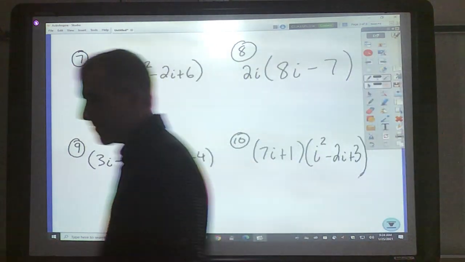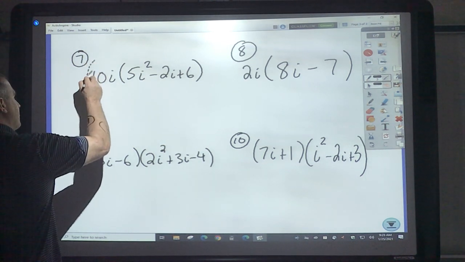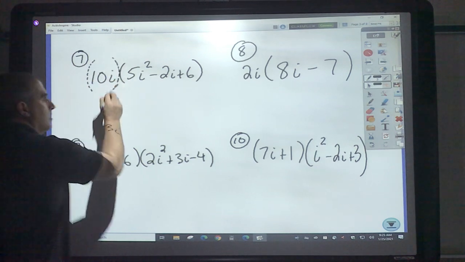Let's take a look at these. These are multiplication. What I would do to make this easy on myself is put parentheses here for this one.